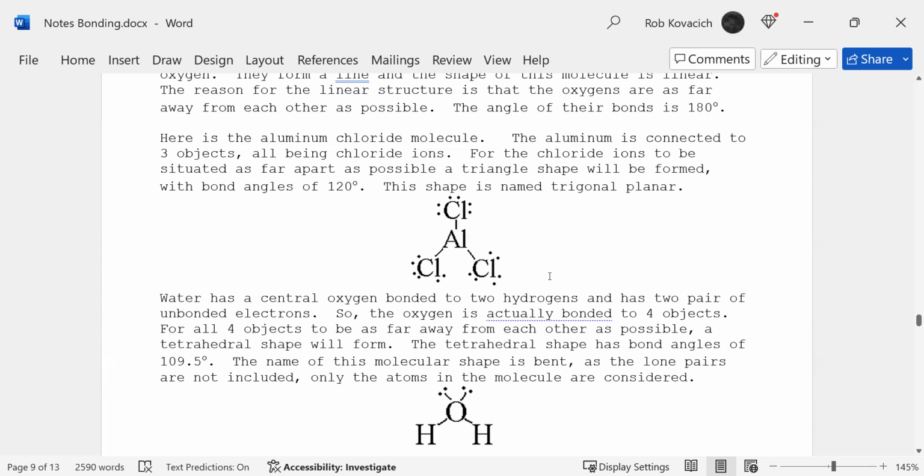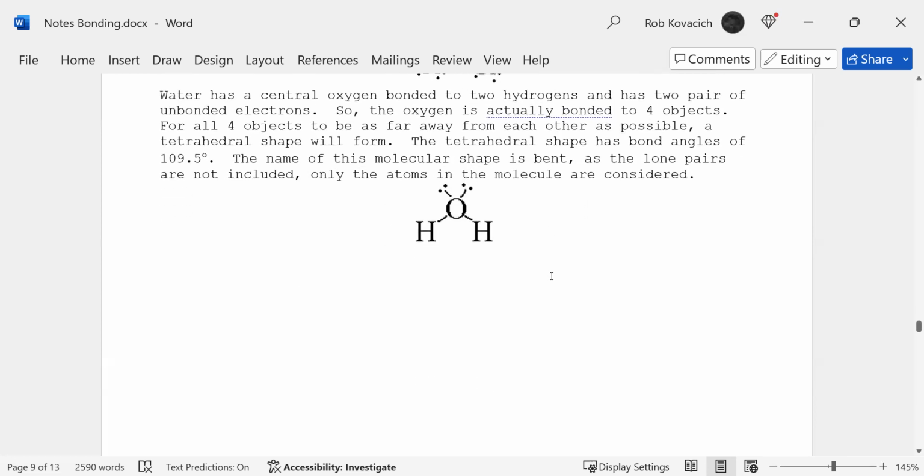So let's talk about water. The water technically has four things around it. Why four things? Because those valence shell electrons, these electrons here, push away those electrons and the electrons around this hydrogen.